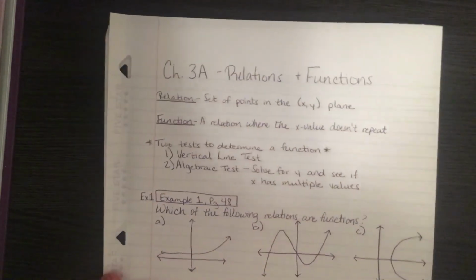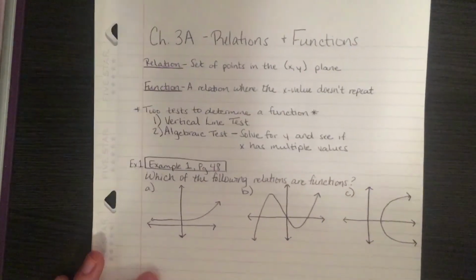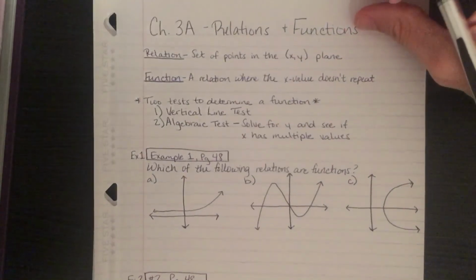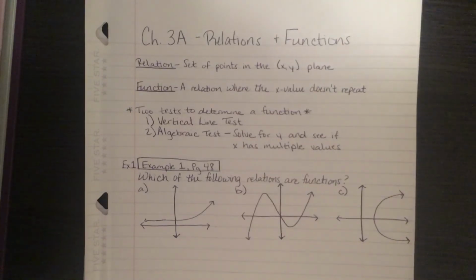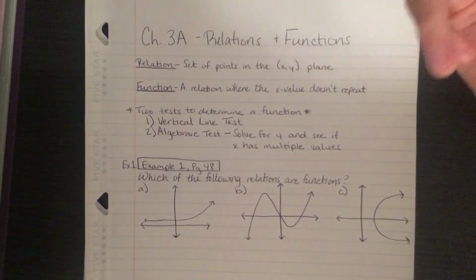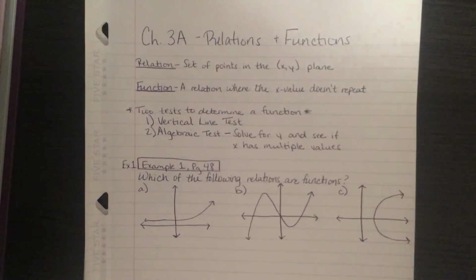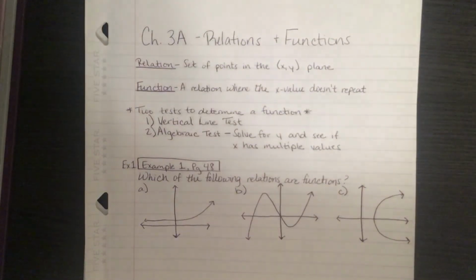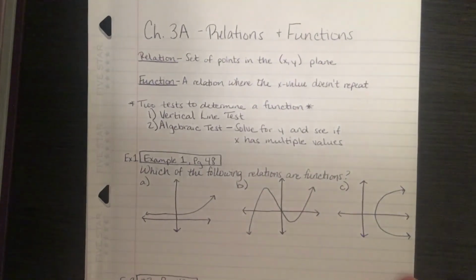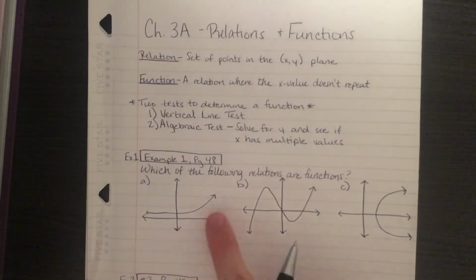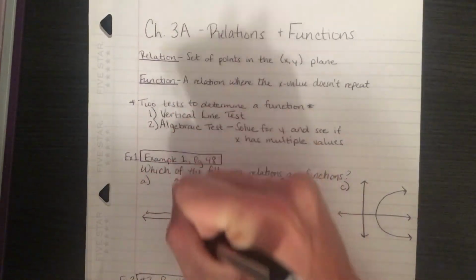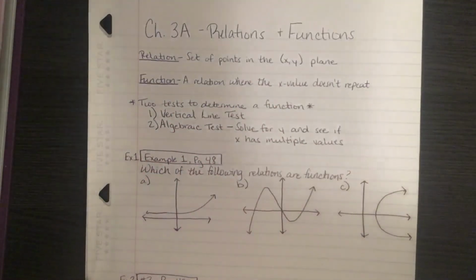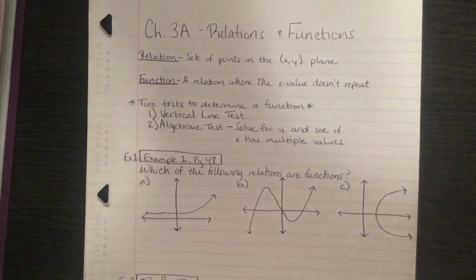In general, there are two ways to determine whether something is a function or not. You can use the vertical line test that we'll look at here in a second, or you can use an algebra test, which we do here in a second. For the vertical line test, all that you do is you look at your relation and you say, can I draw a vertical line at any point through this and get a point where I cross twice?